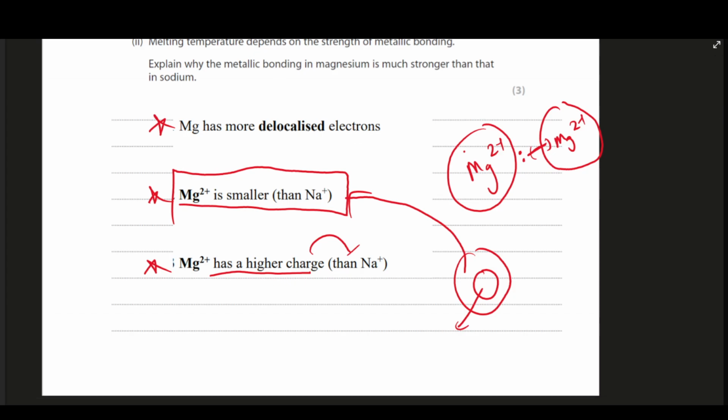Tell me. Yeah, the ionic radius is smaller. Radius increases, but that is Mg, this is Mg2+. Yeah, obviously. Did you understand?